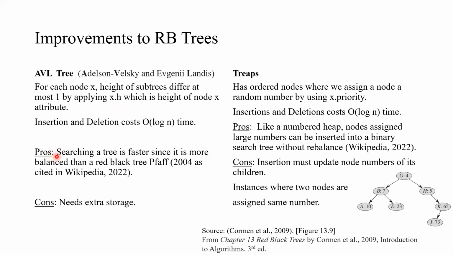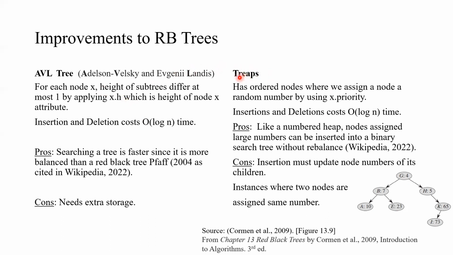The pro of this is that searching a tree is faster since it's more balanced than a red-black tree, because the height of the subtrees differ by at most 1. The con is that it needs extra storage. Obviously, if we're applying X dot h per node, it's going to cost more in storage than the red-black tree, which is storing color and its left and right pointers.